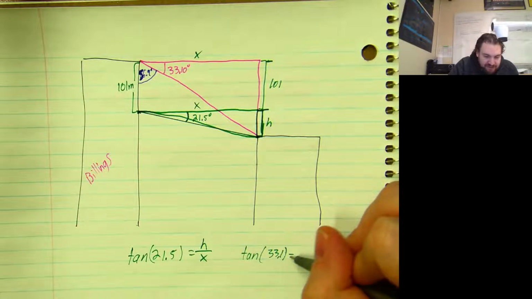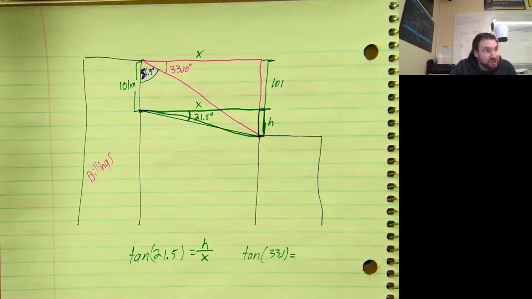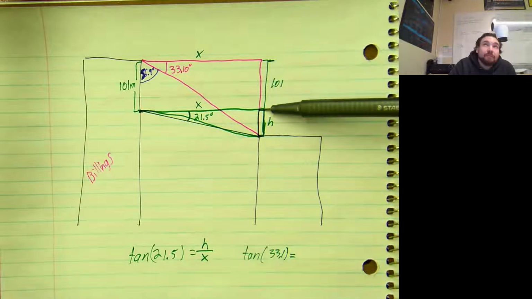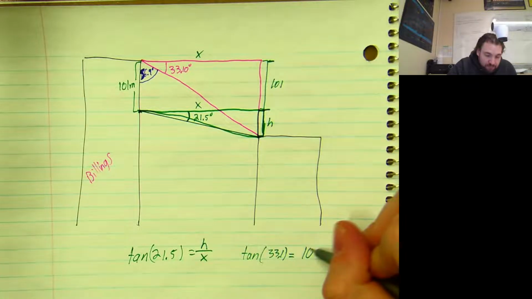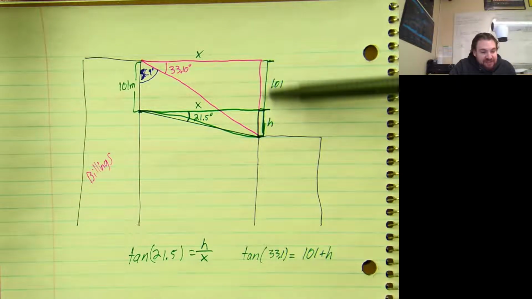And that's going to be, the opposite side is what? It's not 101. It's not just 101. 101 only takes me to here. 101 plus h, I heard a few people say. And the adjacent side is still x. Well, that's interesting.